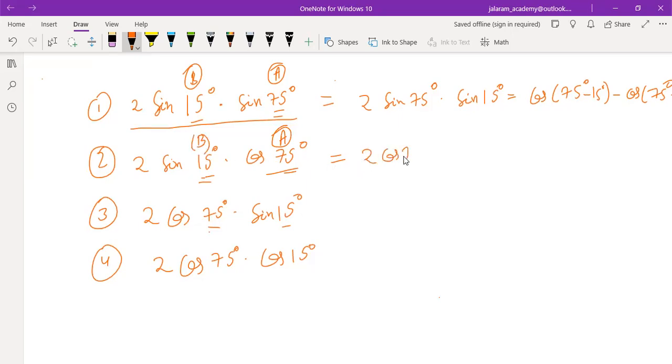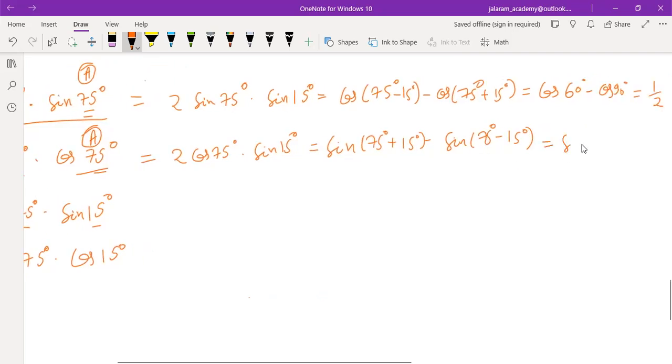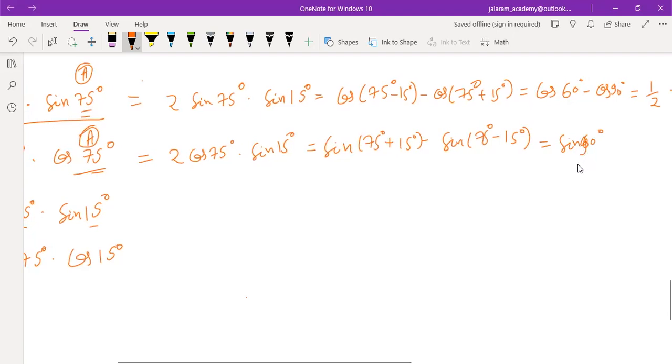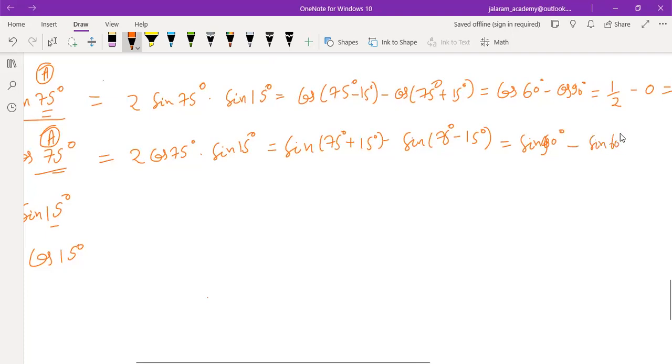So 2 cos A sin B equals sin A plus B minus sin A minus B, which is sin 90 degree minus sin 60 degree.